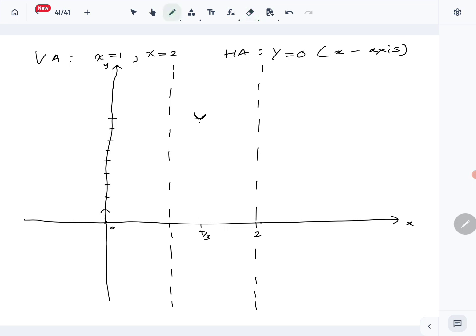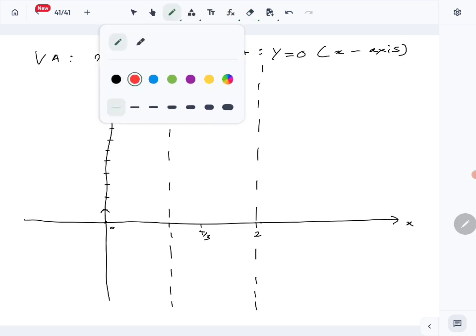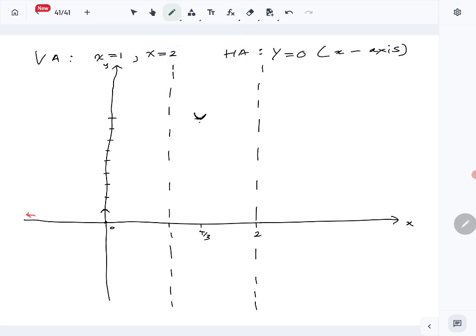Now asymptote. So we could have, let's put the arrows, we will connect the correct arrows. So here you have vertical asymptotes.